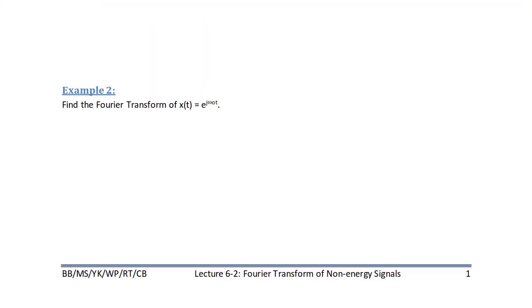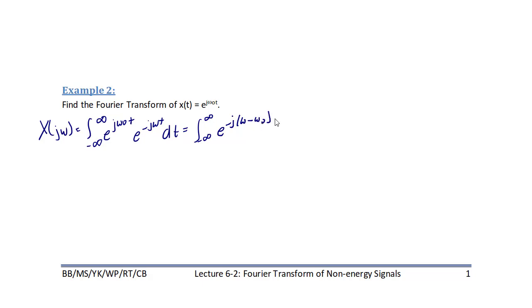Example 2. Find the Fourier transform of x of t equals e to the j omega naught t. So in order to solve for the Fourier transform, X of j omega is equal to the integral from minus infinity to infinity of e to the j omega naught t times e to the negative j omega t dt, which is equal to the integral from minus infinity to infinity of e to the negative j quantity omega minus omega naught t dt.